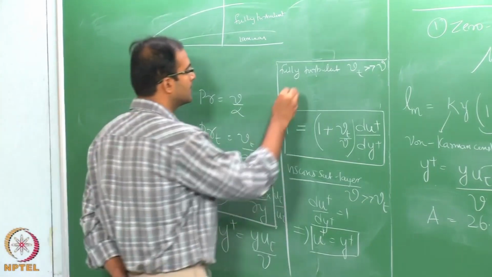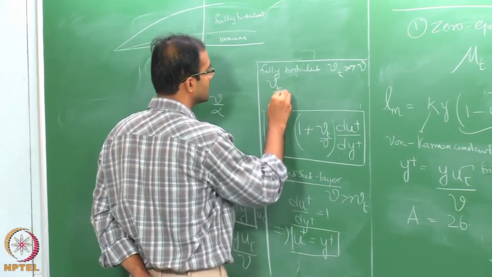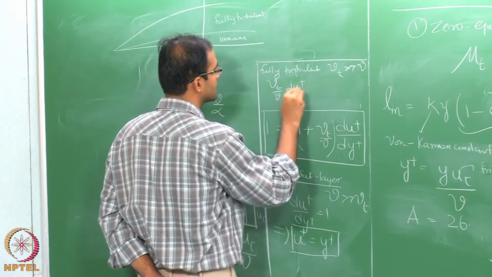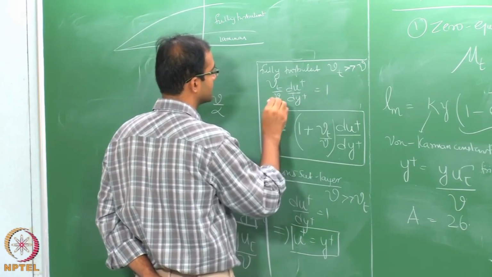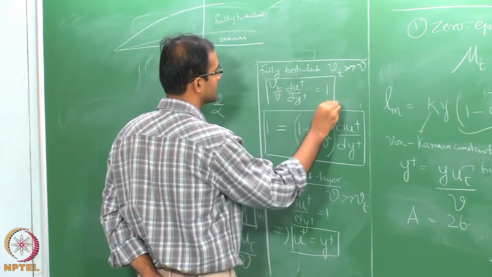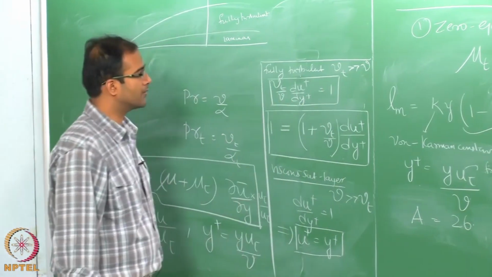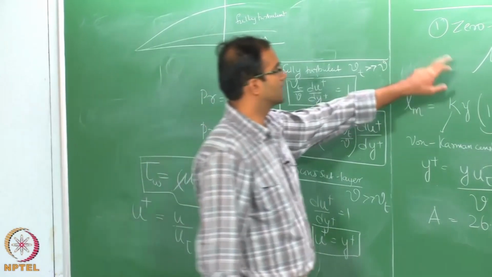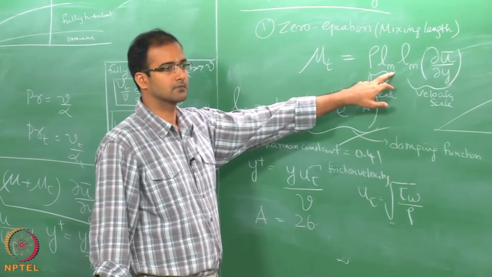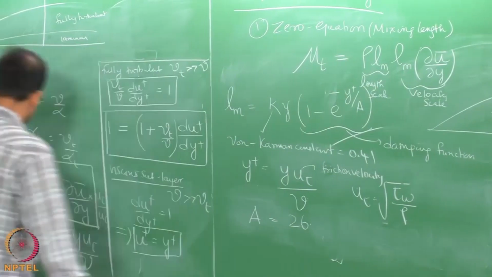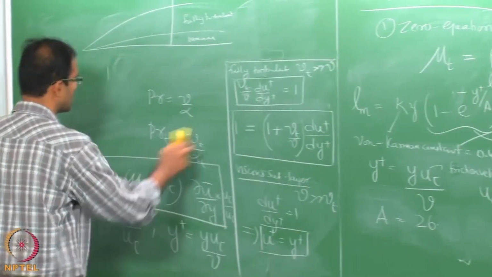It will be nu t by nu into du plus by dy plus will be equal to 1. Okay. So, now you can substitute for mu t from the mixing length model.